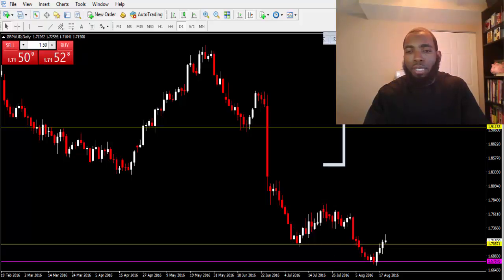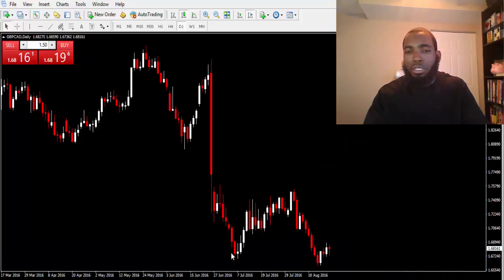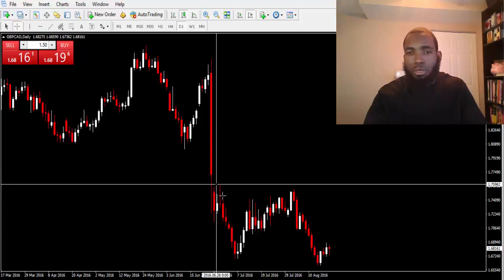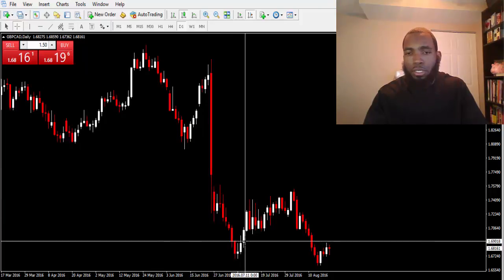All right, now for the CAD, you notice it too has bounced off of what appears to be a level. This one might have extended down a little further, but nonetheless, we're looking at a pullback at this level. Let's use my crosshair for this.